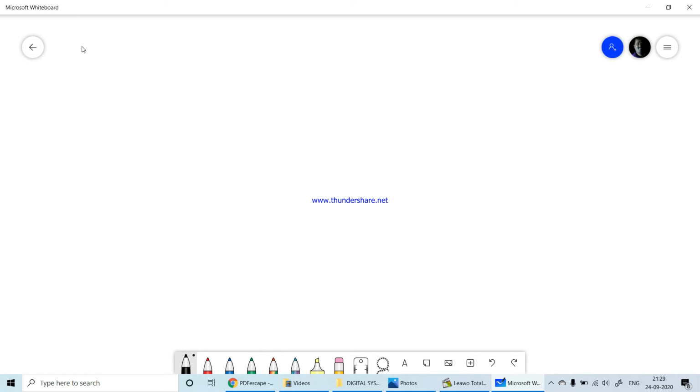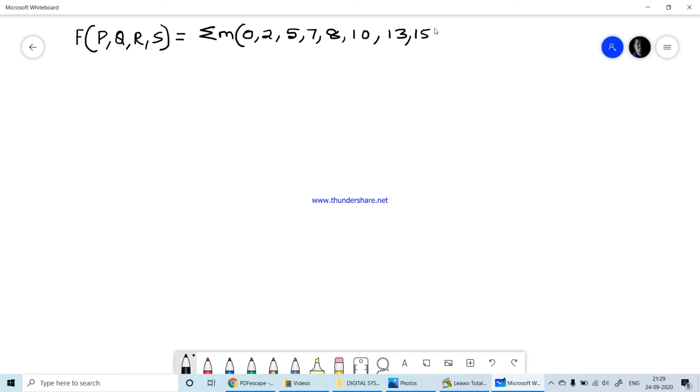f of p, q, r, s equals summation m of 0, 2, 5, 7, 8, 10, 13, 15.